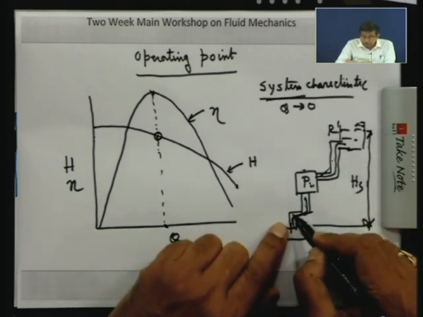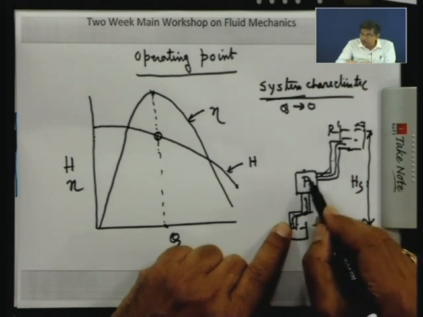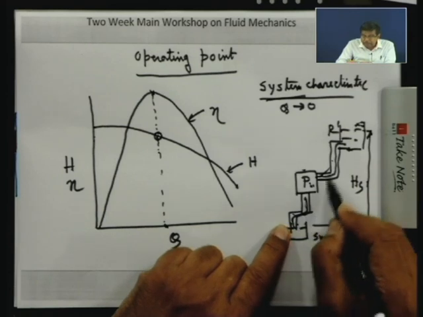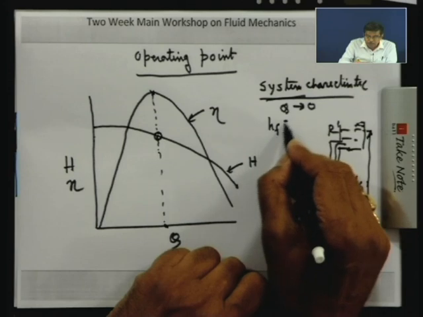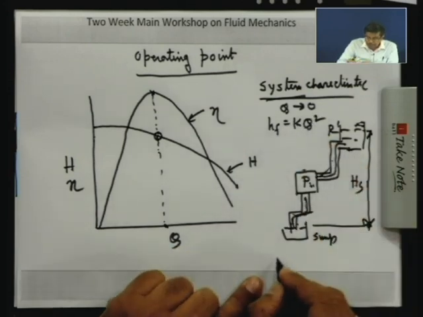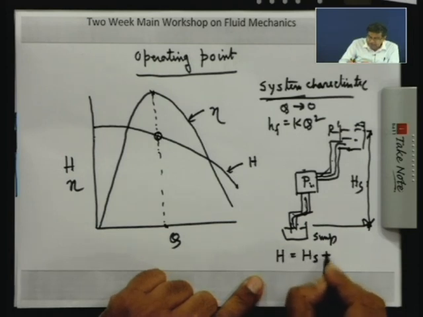The line should also follow the same characteristics, but when the flow goes through the pipe there will be losses, and that loss Hf is proportional to Q square. Therefore, the pipe will follow a head discharge characteristic like that, Hs plus KQ square.